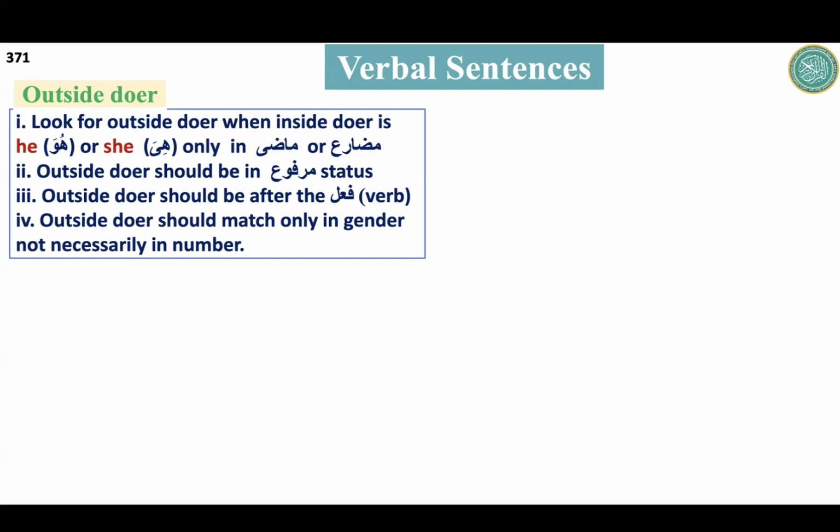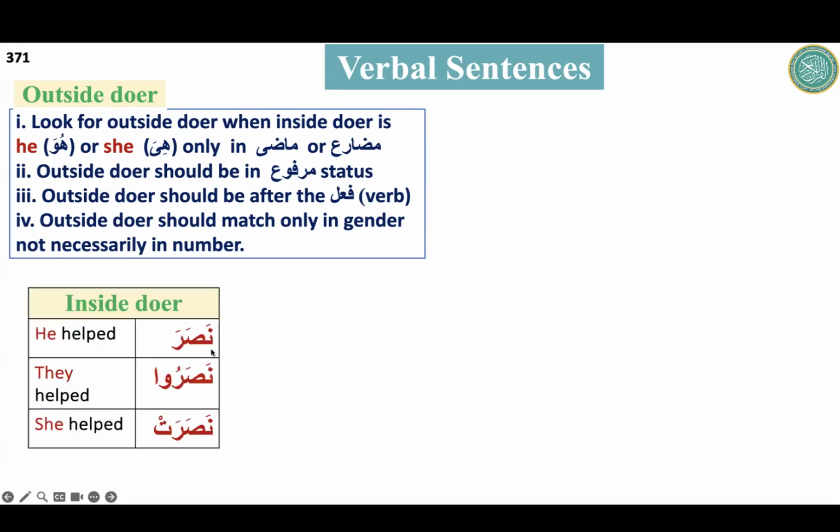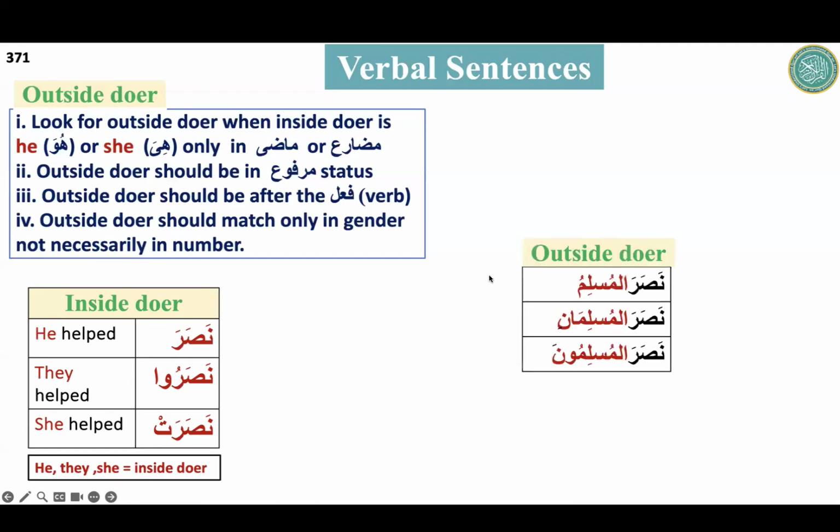Remaining things, we know it should be after the verb, and the outside doer should match only in gender but not necessarily in number. Like we already know that Nasara, he helped, and they are the inside doer. And here we discussed the outside doer. According to this rule, this is the formula: whenever you see he and she, you have to look for the outside doer. Like here we have Nasara al Muslimu. Brother Kabir.